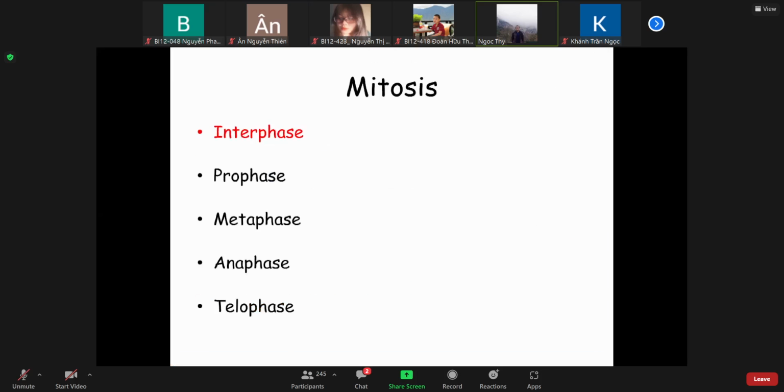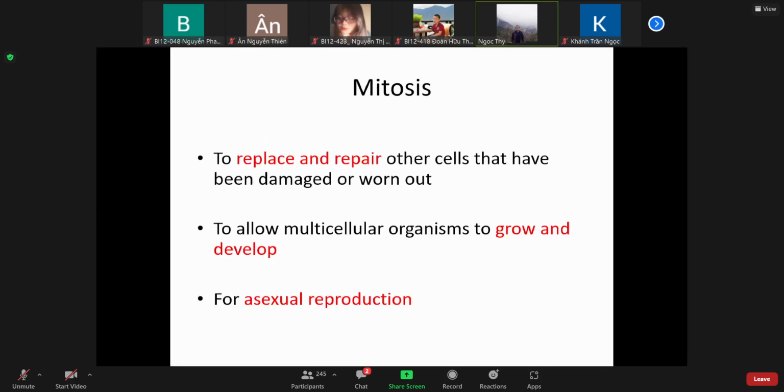Next is about mitosis. Mitosis happens mostly in somatic cells, and also in gamete cells in the early stage when they are not mature yet.